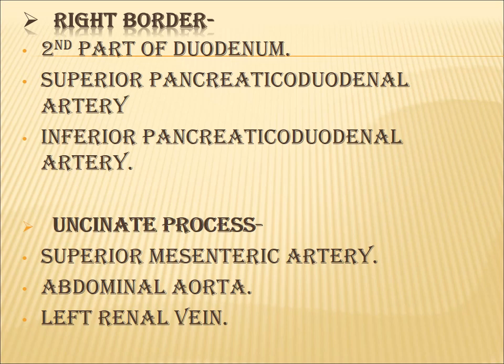Next, the uncinate process. It is crossed in front by the superior mesenteric artery, which intervenes between it and the abdominal aorta. The left renal vein is in close relation to its upper border.